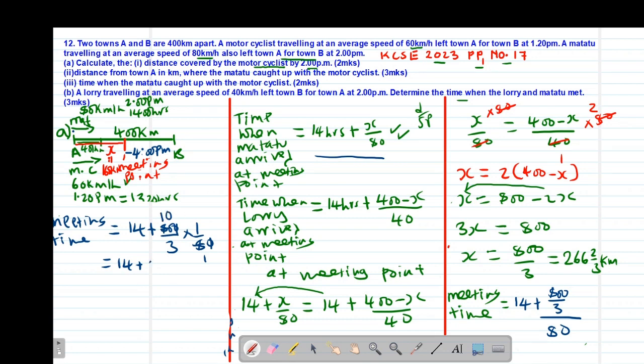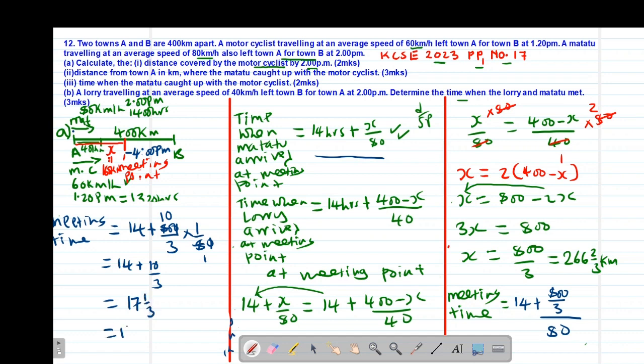So this will give us 14 plus 10/3, which will actually give us 17 and a third.